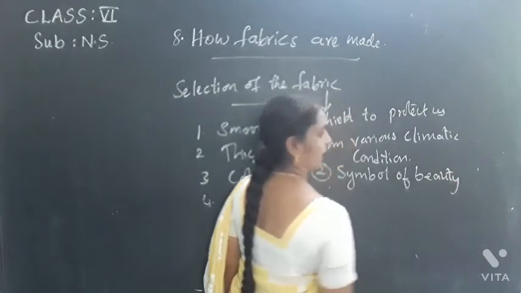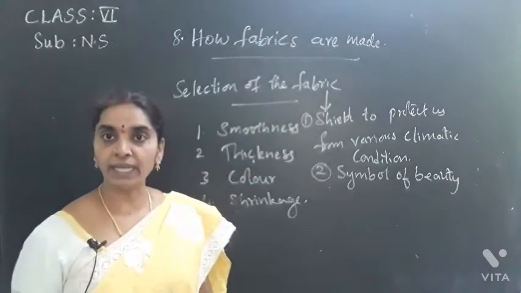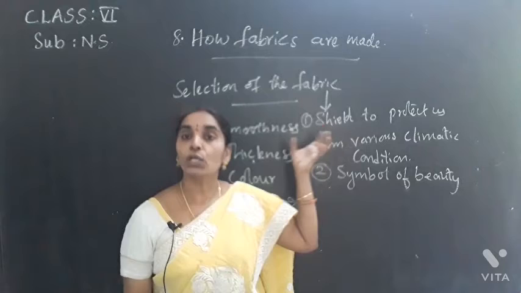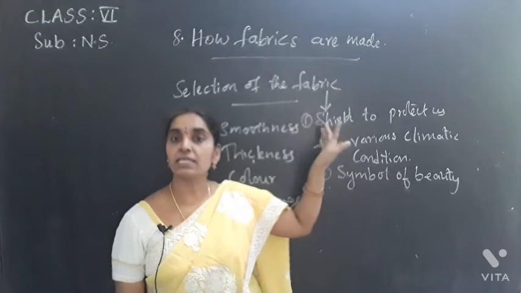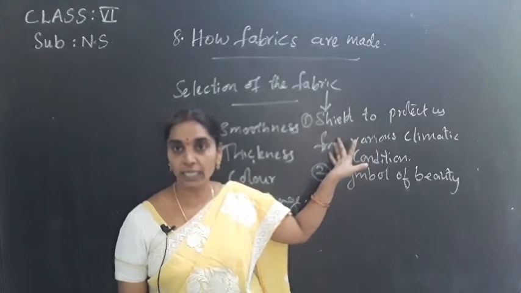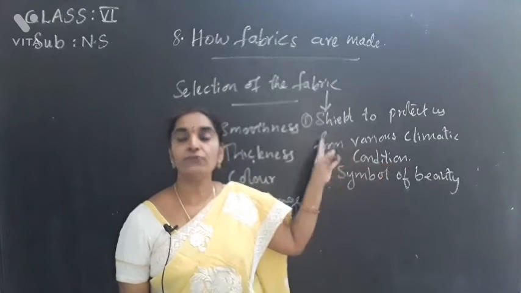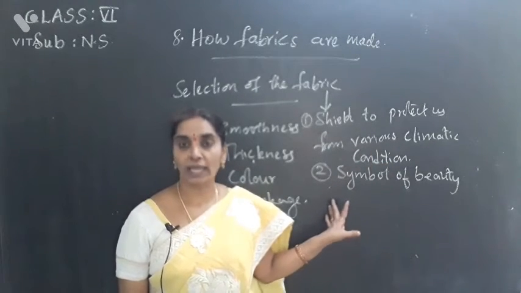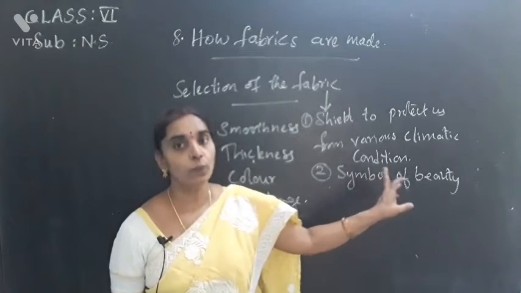Is it clear children? Once again I repeat, why do we wear fabrics or clothes? Clothes act as a shield to our body to protect ourselves from various climatic conditions. They also act as a symbol of beauty.